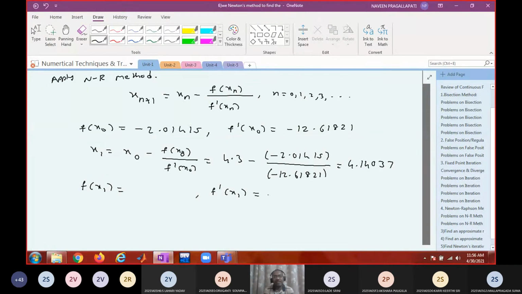Any mistake in the calculation will lead us astray. Now find f of x1 and f dash of x1.